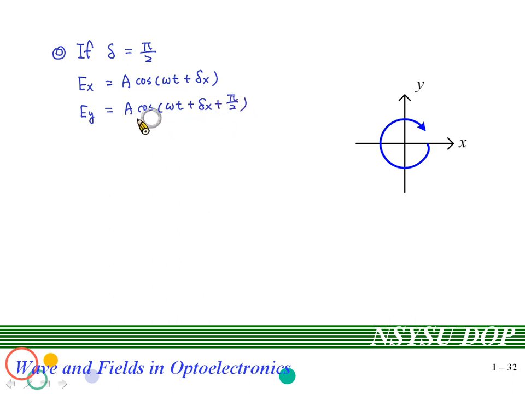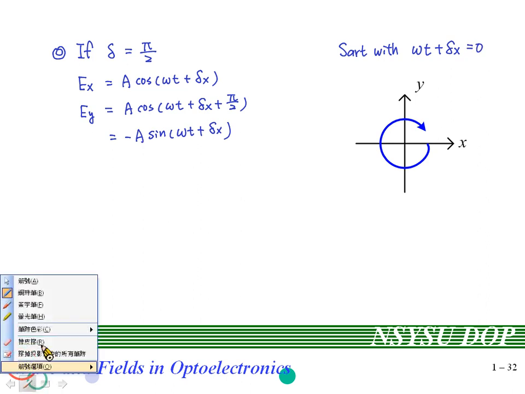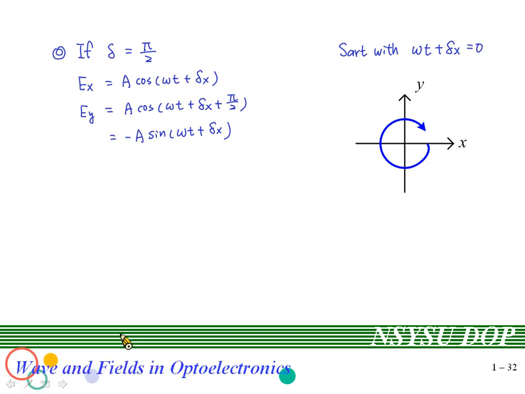We can re-express the cosine function as a sine function: minus A sine of omega t plus delta sub x. We also start with omega t plus delta sub x equal to 0, and the trace of the E field will also start from this point.